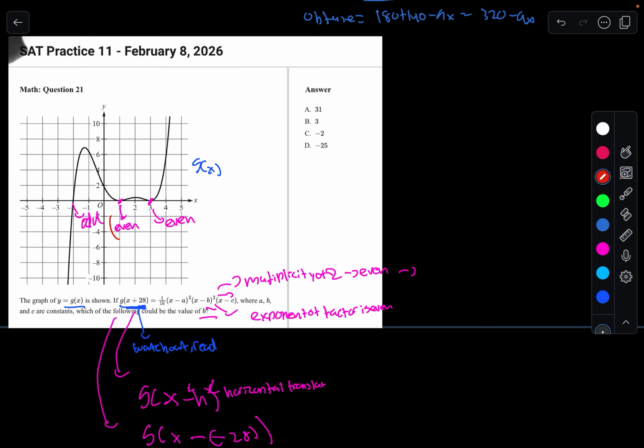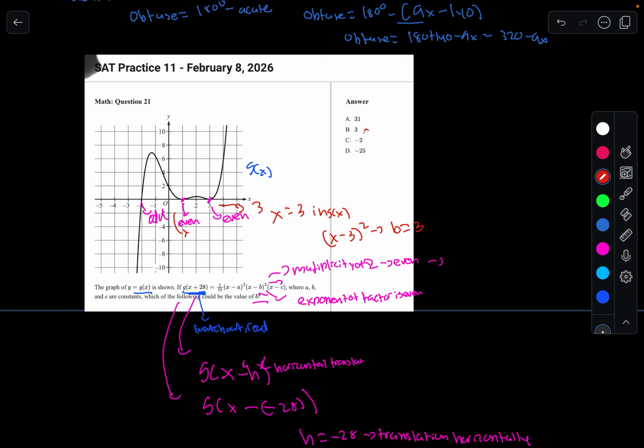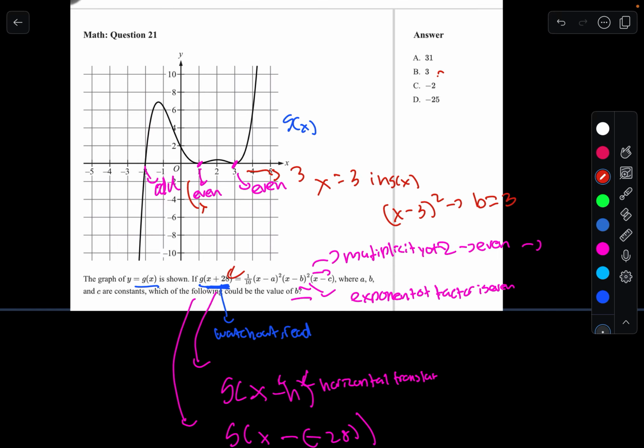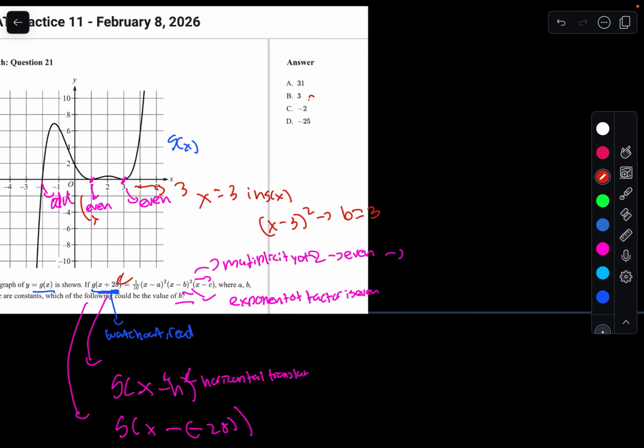Right here, I don't see a 1 anywhere, so I don't think it's gonna be this one. So I think it needs to be somewhere like 3. So it needs to be like x is equal to 3 in g of x. So x minus 3 squared, which means that b would equal 3, right? Not exactly. Because remember, we need to include the horizontal translation, okay?